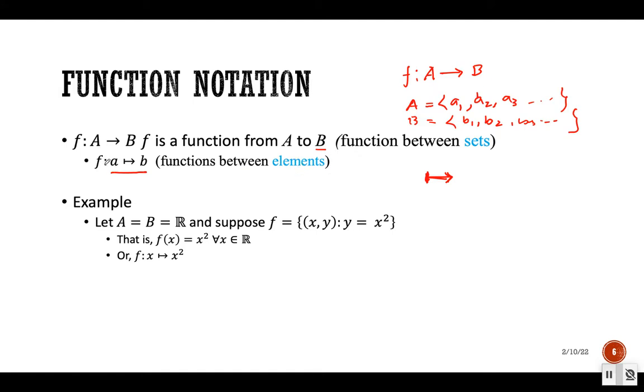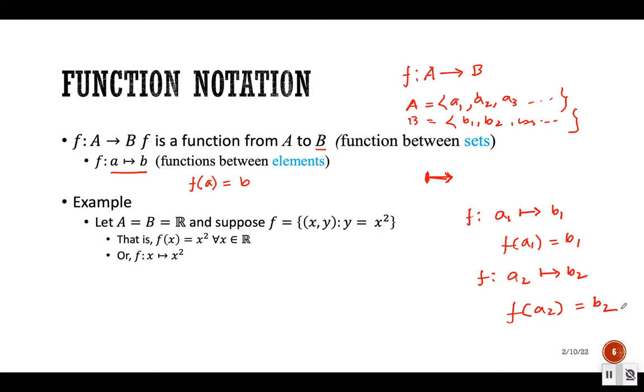So it is going to denote the relation, if I have something like A1 to B1, that means f of A1 equals B1. So A2 to B2, these are the elements of the sets, that means f of A2 is going to map to the value B2.